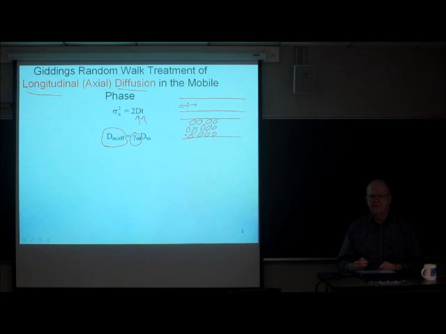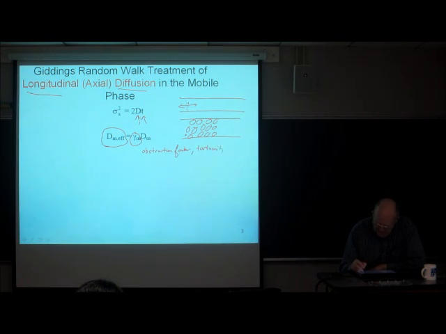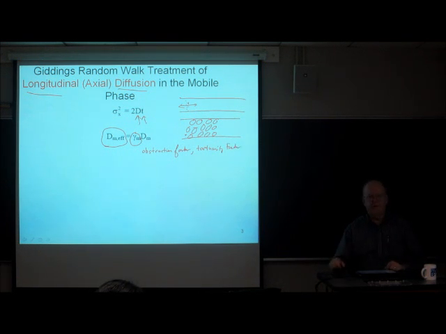It has a lot of different names. Some people call it the obstruction factor. Some people call it the tortuosity factor. Some people call it the labyrinth factor, like walking through a labyrinth.